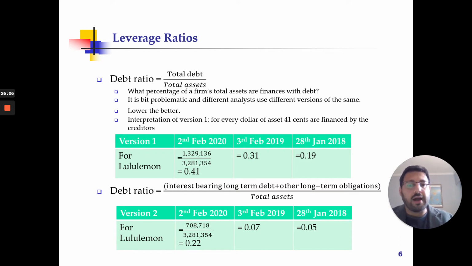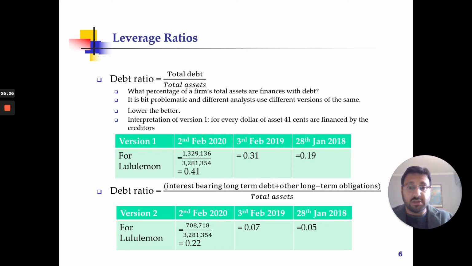And if I look into it, the only thing I found is the sum total of the long-term liabilities for Lululemon, which is 708,718. And remember, all these numbers are in thousands.